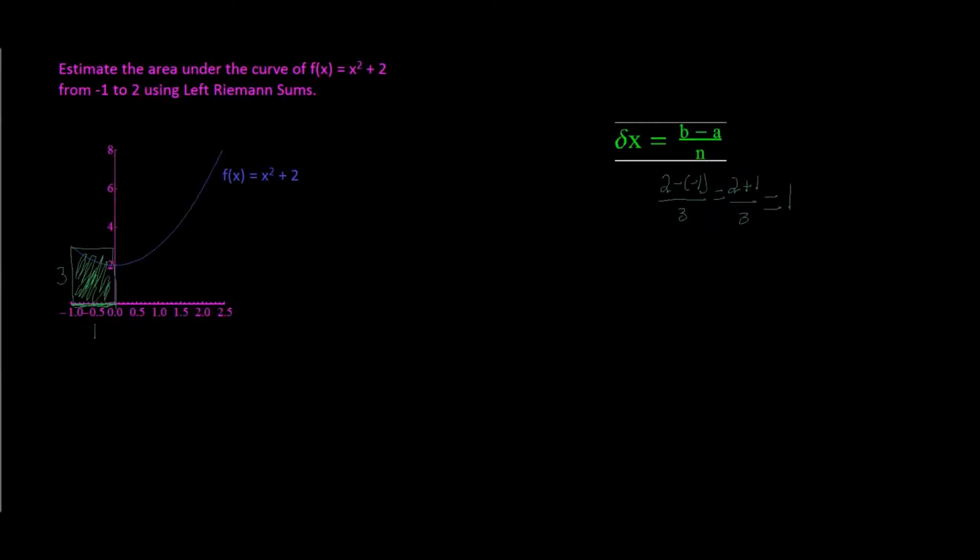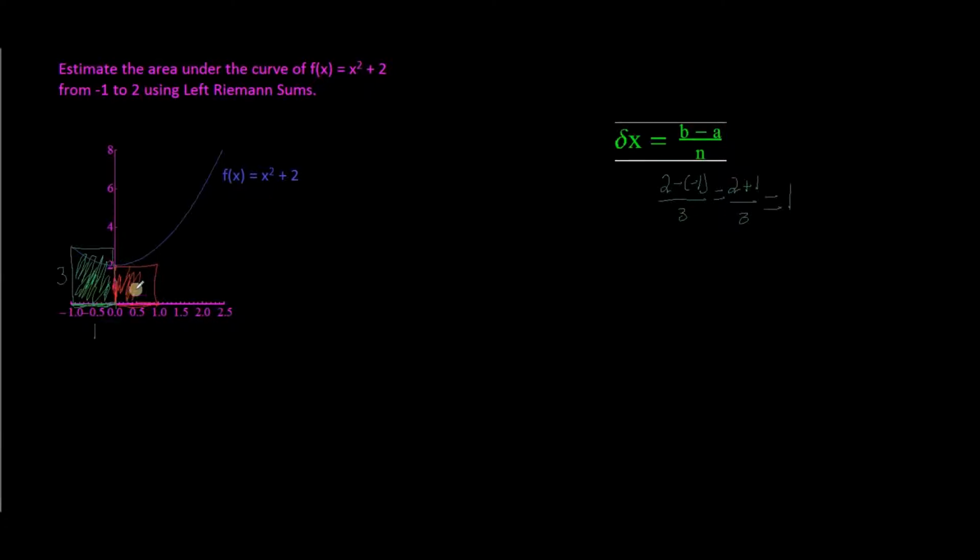Okay? Now we're going to do a similar thing here. Our width is 1, so we're going to go from 0 to 1. That's our width there. Now our height in this instance, we're going to start at this value. This is where the graph is, so we're going to go from here, then we're going to go over and down.